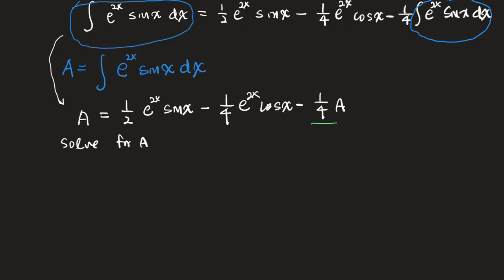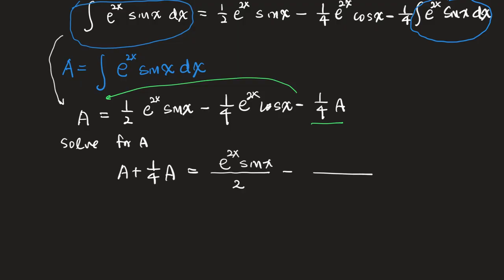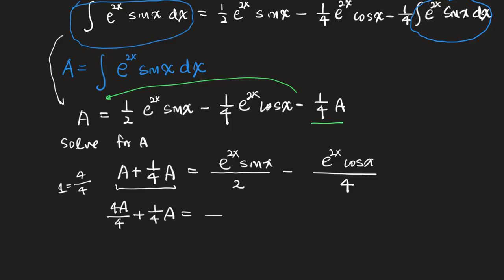That means you move this to the left side. So I have a plus 1/4 a equals 1/2 e to the 2x sine x minus e to the 2x cosine x over 4. Let's simplify: 4a over 4 plus 1a over 4 is 5a over 4.